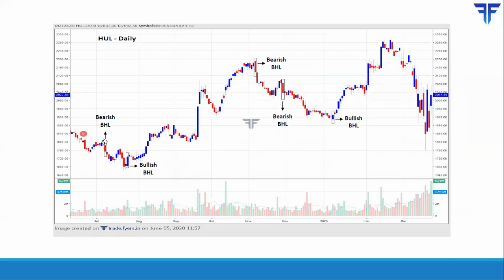It's a very minor rally. So, if you ask me, I would personally refrain from trading this pattern. But again, it depends on the risk appetite of traders. If you're a trader who believes in taking risk, then you could consider acting upon this pattern. But if you're a risk averse trader, then you would be better off not trading this pattern because it's not appearing after a strong uptrend.